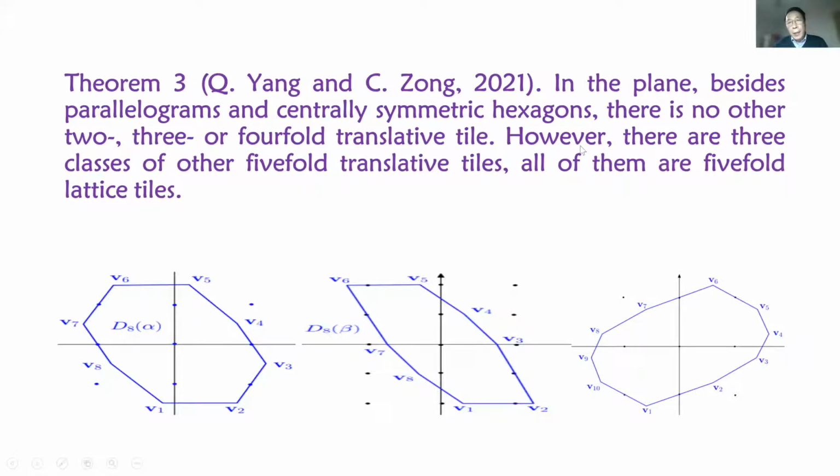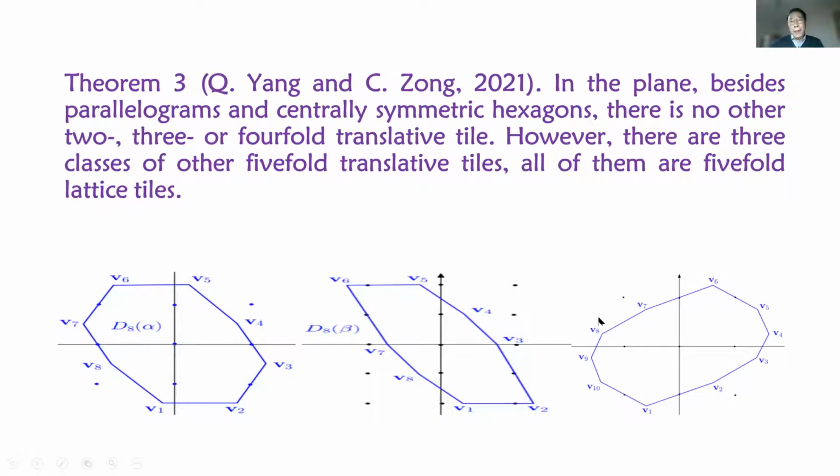But there are fivefold ones, and in fact we can characterize all these fivefold translative tiles. There are the parallelogram, the hexagon, two classes of octagon, and one class of dodecagon with 10 edges.